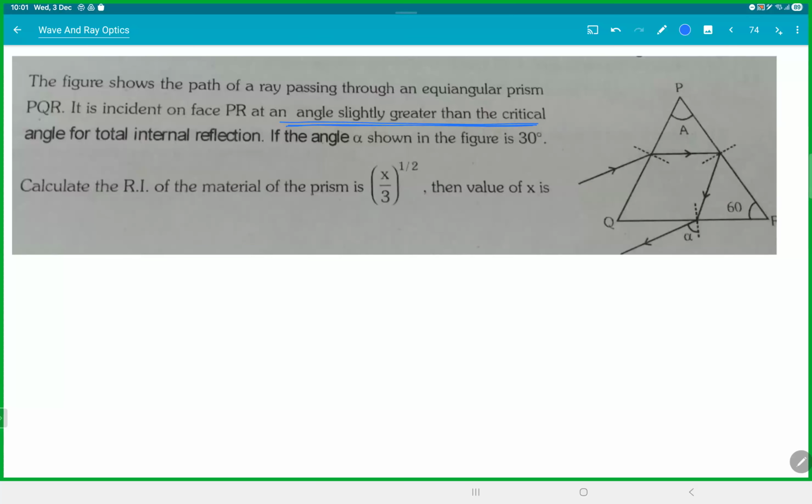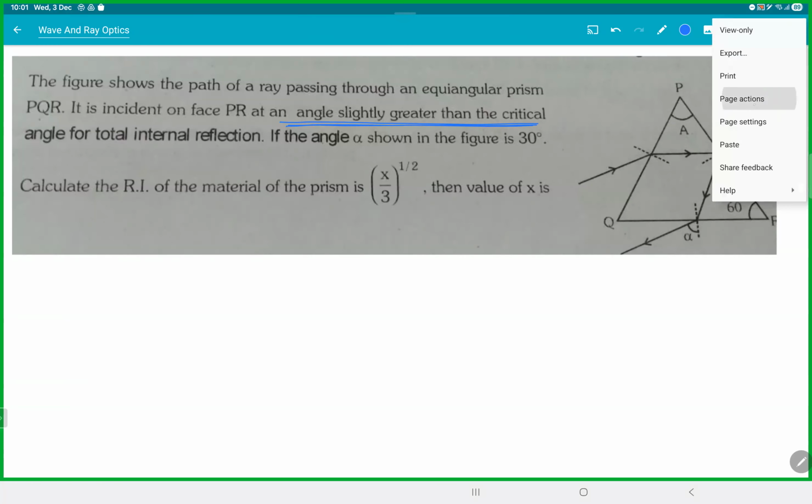That looks right. Let's see. We just have to draw the picture.